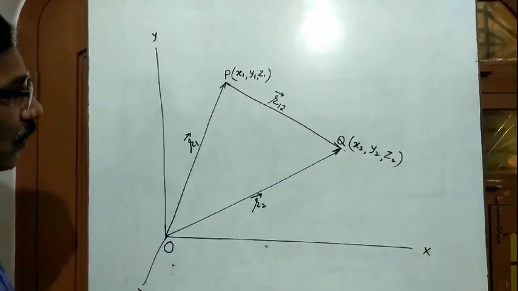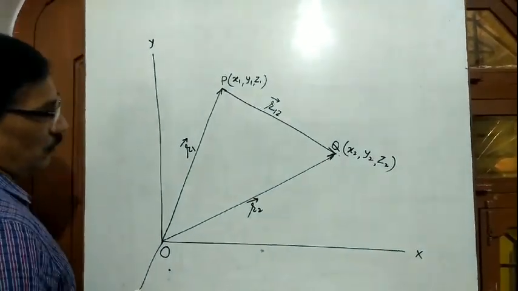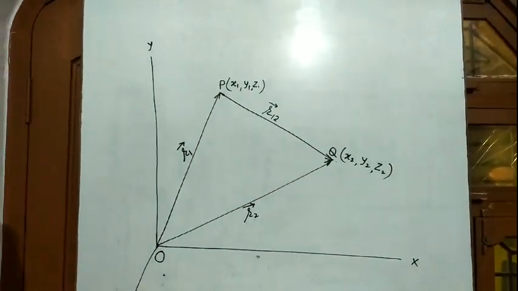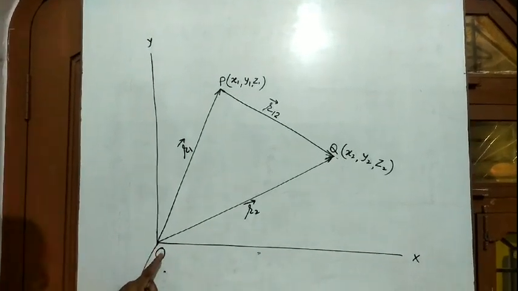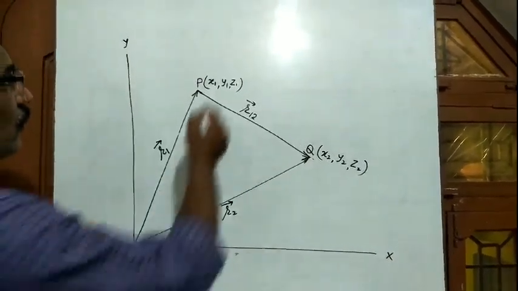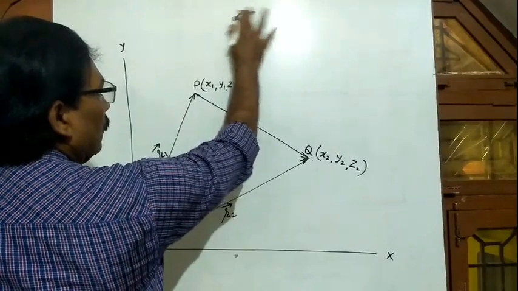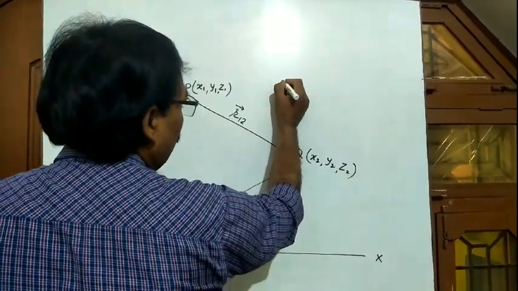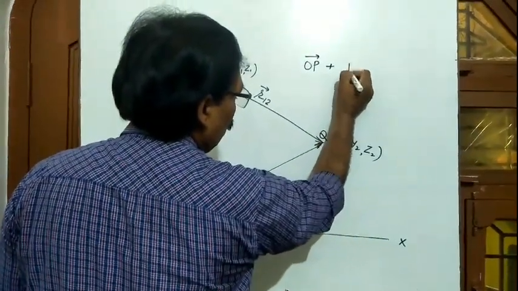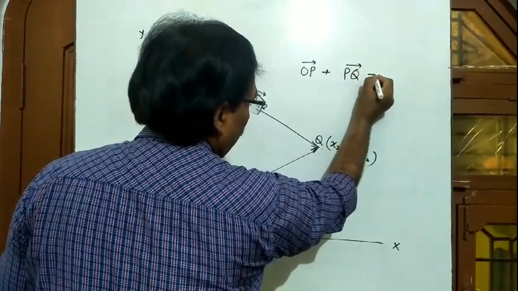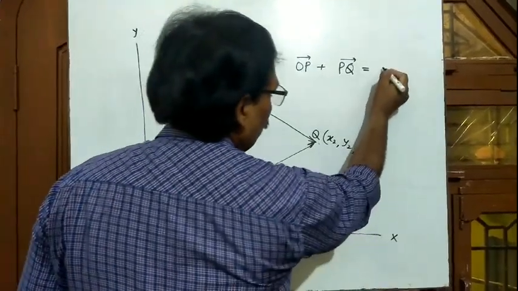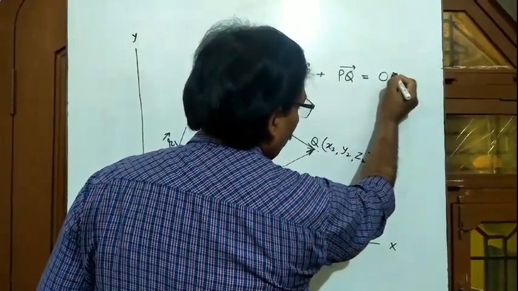And if you apply here the triangle law of addition of vectors, then in this triangle OPQ, vector OP plus vector PQ will be equal to the closing side of the triangle, vector OQ.